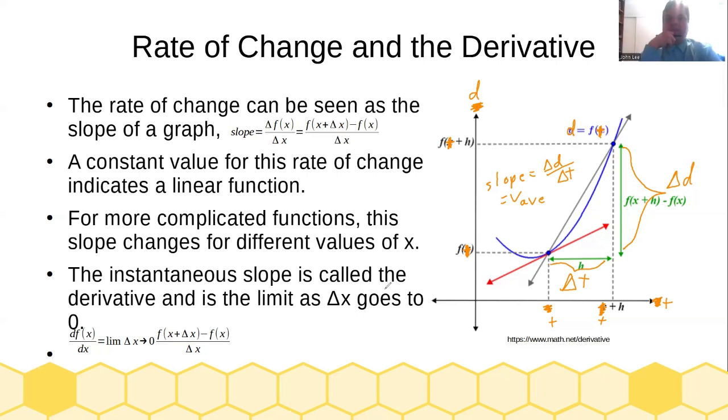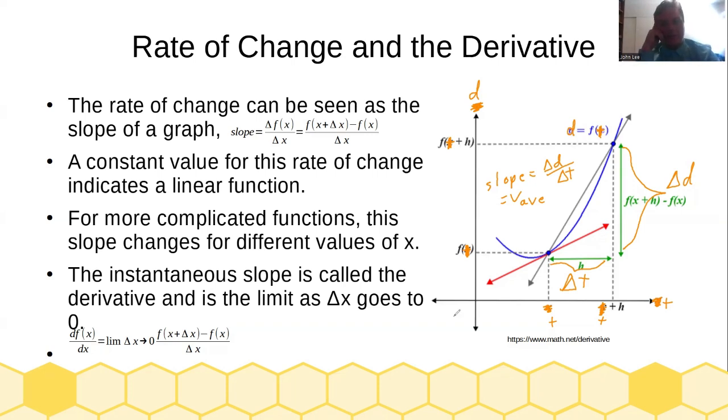So, as this is the case, eventually it's going to come out to a line that just barely touches, which is shown as the red line in this case. This line that barely touches the curve is called the tangent line, and the slope of the tangent line is called the derivative, which is what we found in the previous slide without defining it.